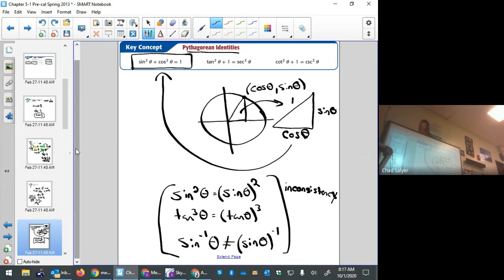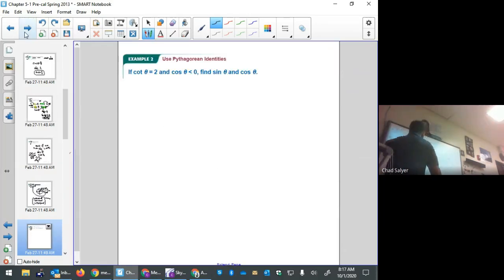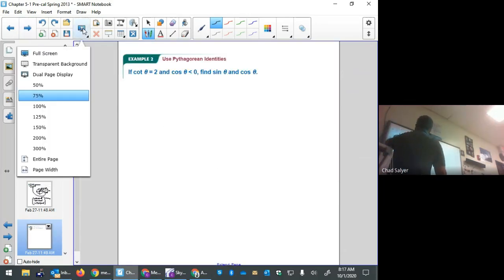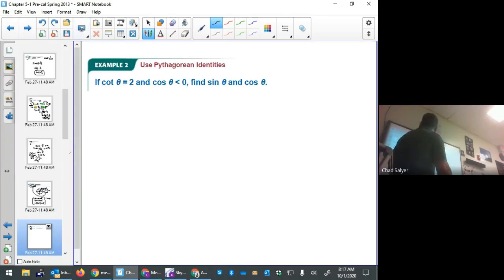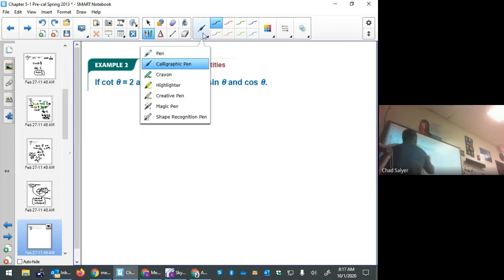All right, Pythagorean identities. Let's apply them, shall we? So we have cotangent theta equals 2.